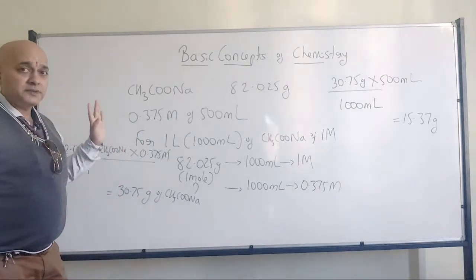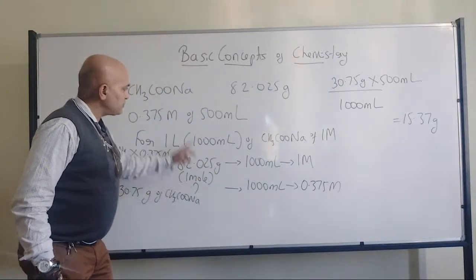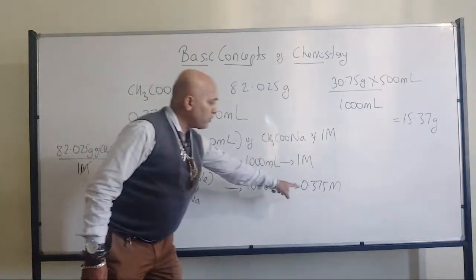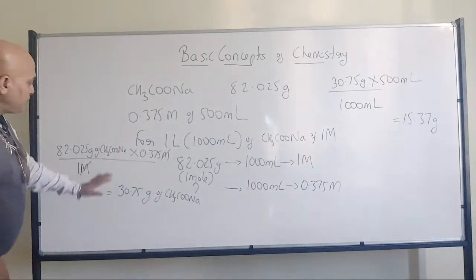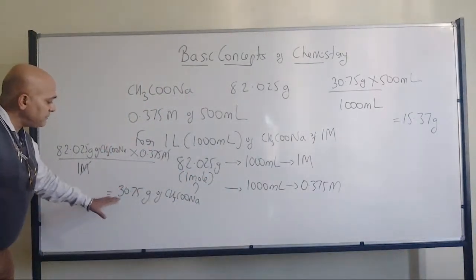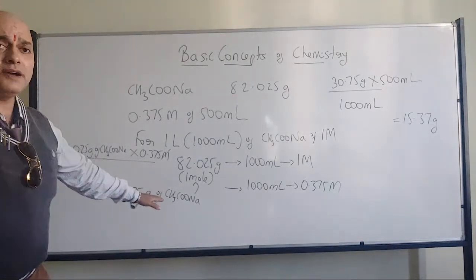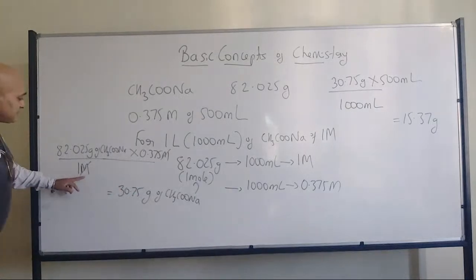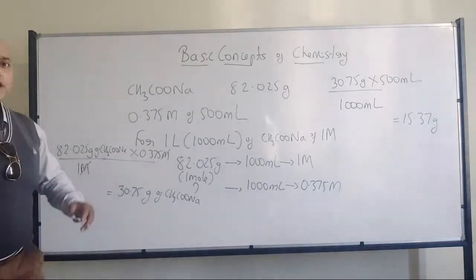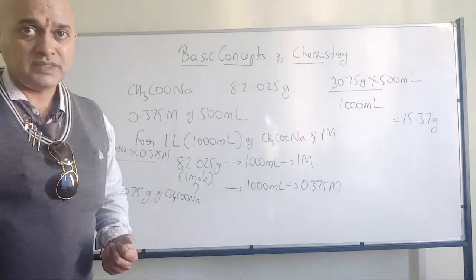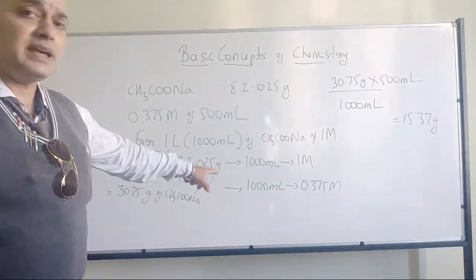First, for 1 molar, I require this mass of sodium acetate. For 0.375 molar, how much will I require? By that, I have seen that it will be 30.75 grams of sodium acetate. That means for 1 molar, this many grams; for 0.375 molar, how many grams? Whatever answer I have got is meant for 1000 ml.